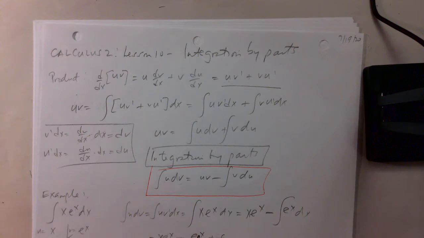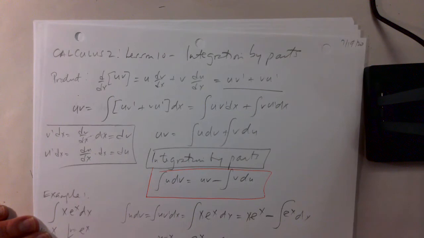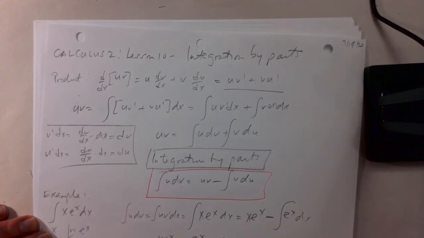That's pretty quick. Let's just check. The derivative of x e to the x minus e to the x: the derivative of x e to the x is 1 times e to the x plus x e to the x, minus e to the x. These cancel.